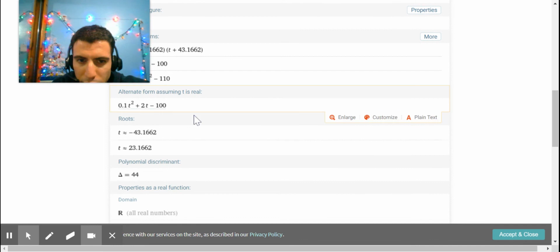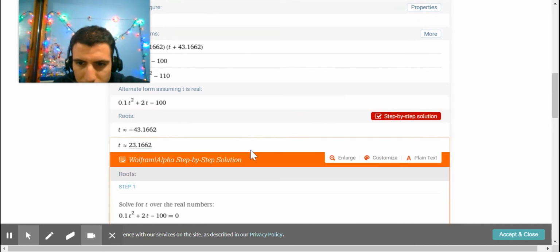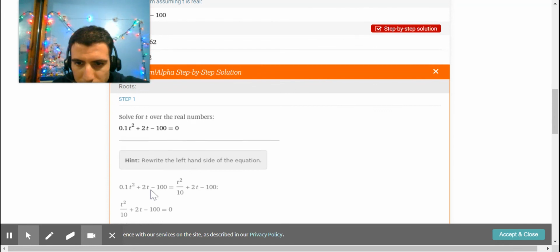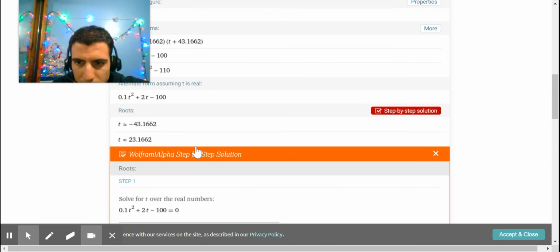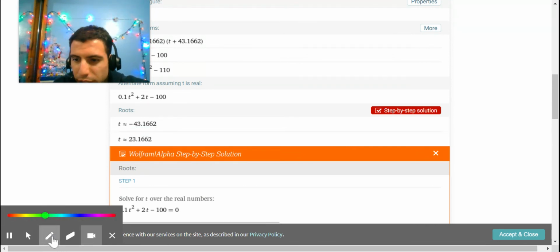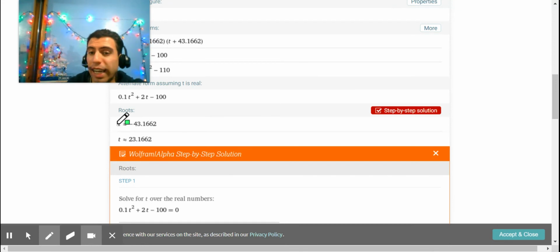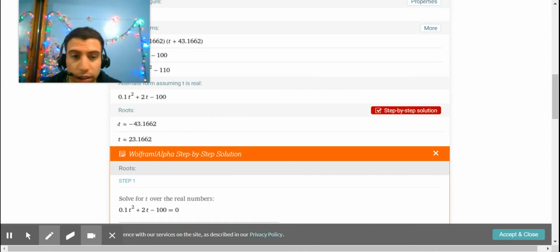When it does it, it spits out this. You can see here we unlock two solutions. One of them is negative. Because it's a negative, it says this happens negative 43 seconds in the past. Obviously, Jane hasn't won this race in the past. She's winning this in the future, so we need to look for a positive future time. That'll be this one.